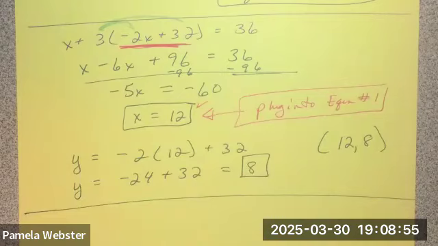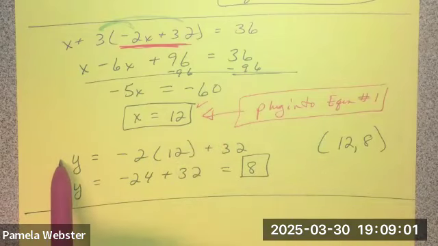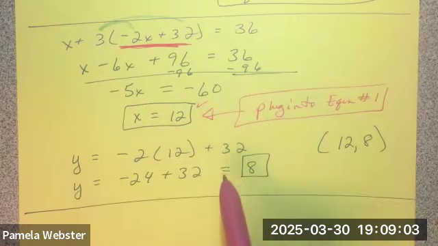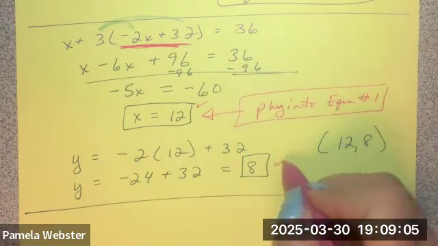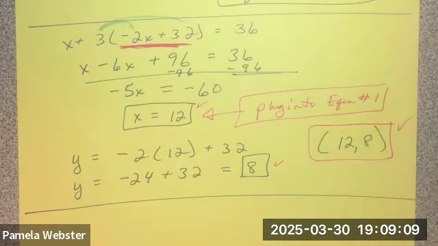And then I said, "Oop, I'm not done yet because I need a coordinate pair." So I plugged it back into equation number 1. I actually did the solved version, the y equals. You can put it wherever you want. And I got out an 8. And there is my point, (12, 8), which is actually the exact same answer we got when we solved this by graphing. Yay, I love it when a plan comes together.